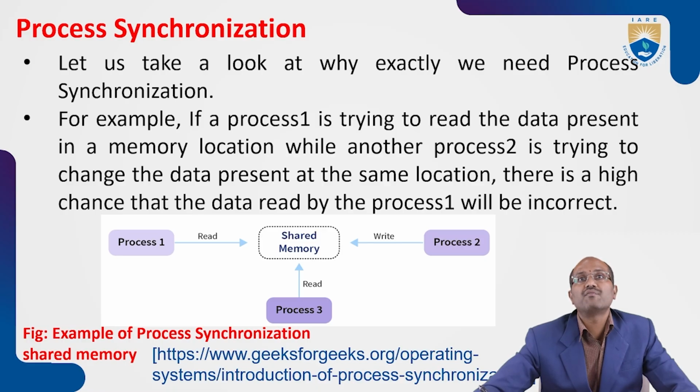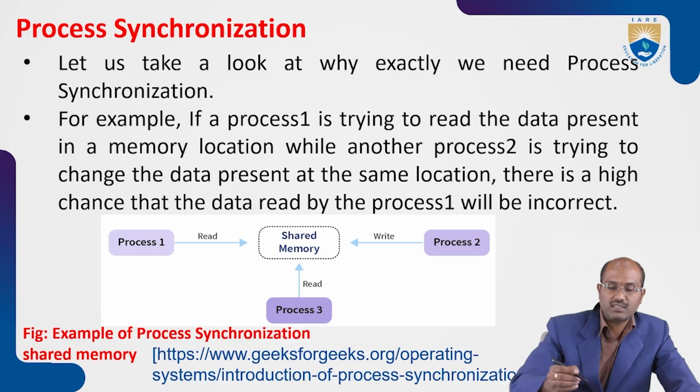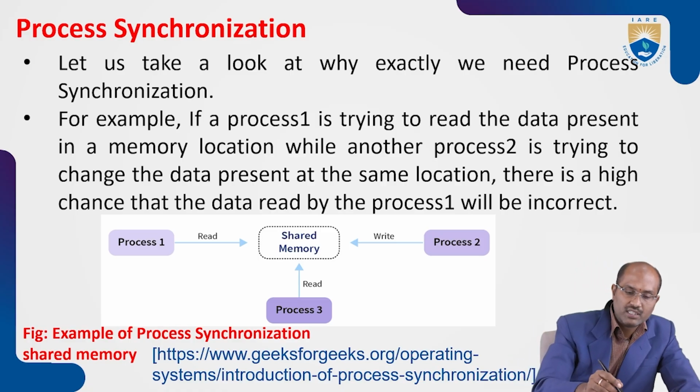This is an example of process synchronization in shared memory. Process 1 reads the transaction, process 2 comes to write the transaction, and in between, process 3 reads the transaction from the shared memory.